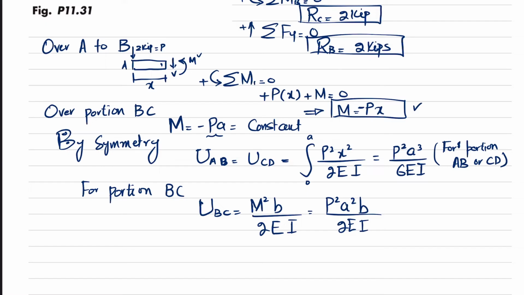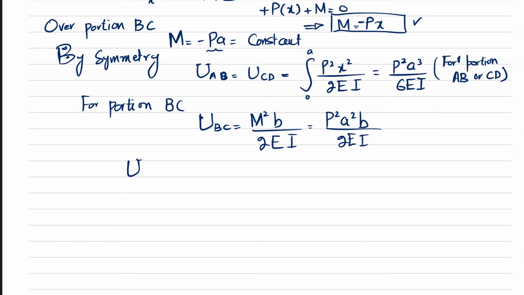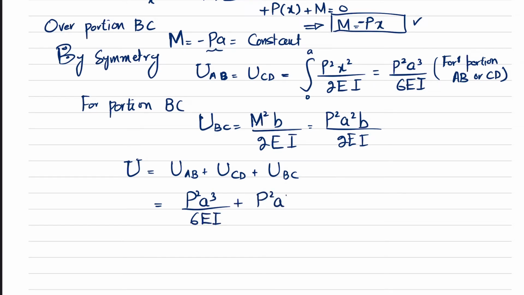Now the total strain energy U is equal to UAB plus UCD plus UBC. So you can add them. U is equal to P square a cube over 6EI plus again P square a cube over 6EI plus P square a square b over 2EI.